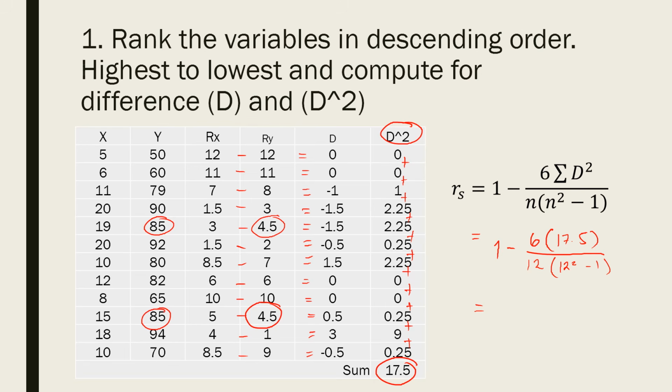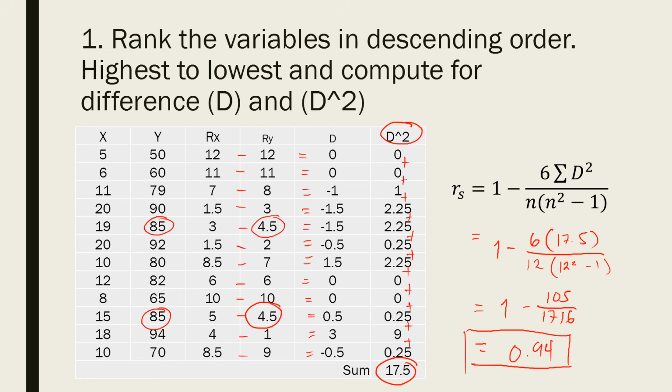Performing the operation, we're going to get 105 muna. 1 minus 105 divided by 1716. Further completing the operations, you're going to get a result of 0.94.